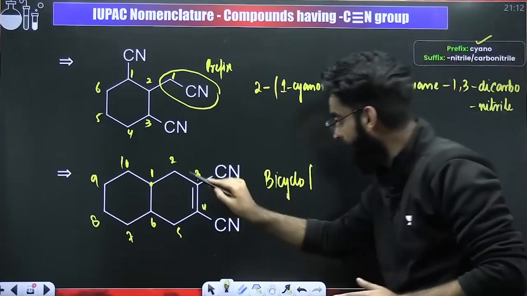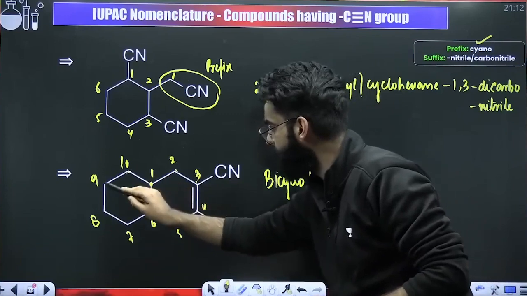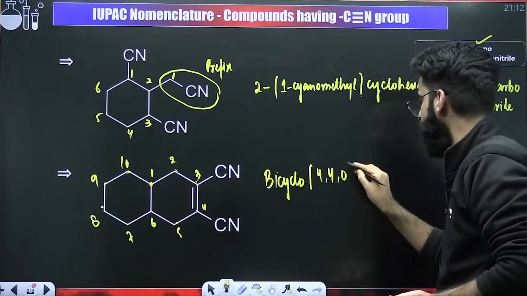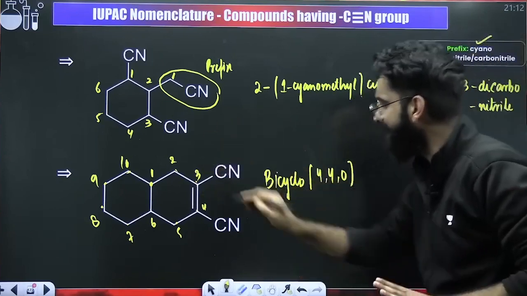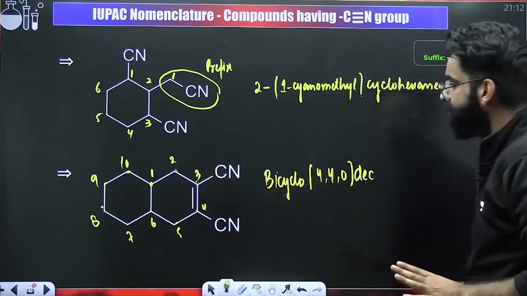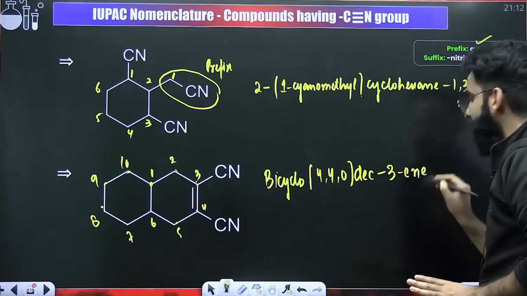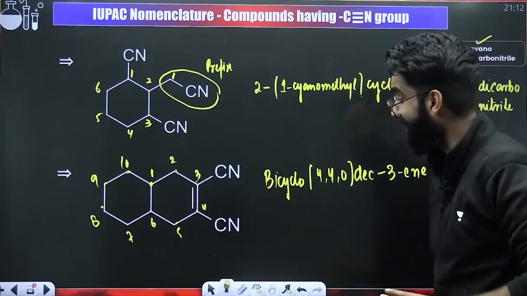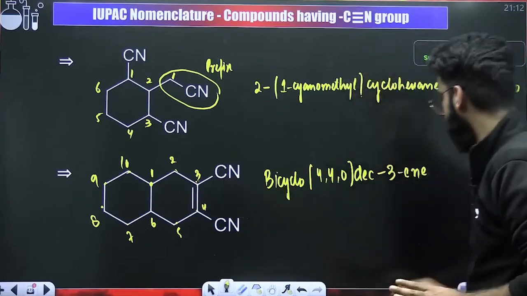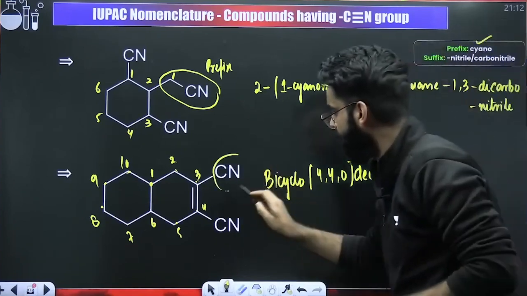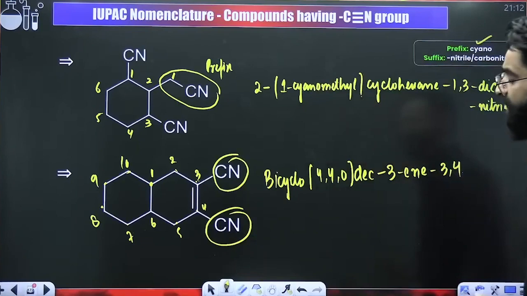Now tell me: 1, 2, 3, 4; 1, 2, 3, 4. In the middle, no carbon atom, so 4, 4, 0. In the main chain, 10 carbon atoms, so it's dec. At carbon number 3, there is a double bond, so decene. At 3 and 4, there are 2 functional groups.